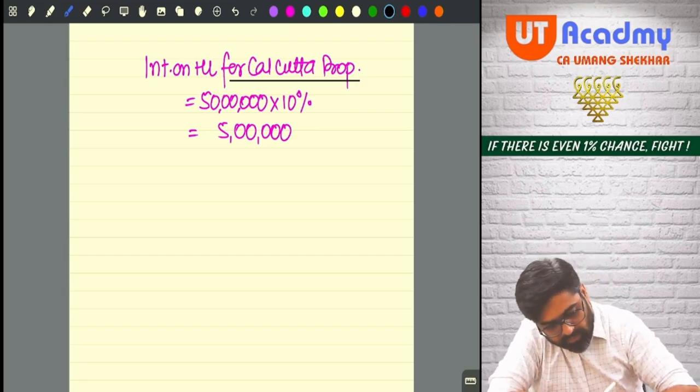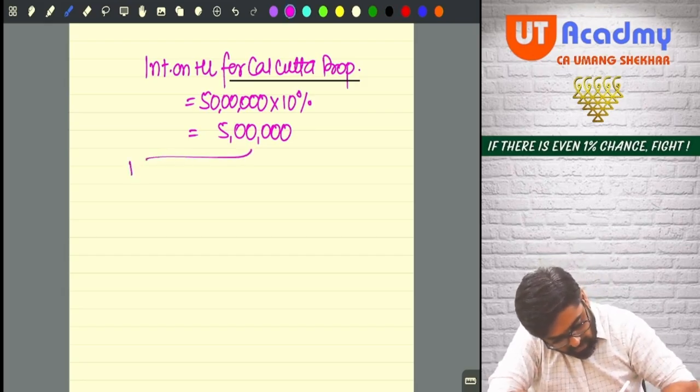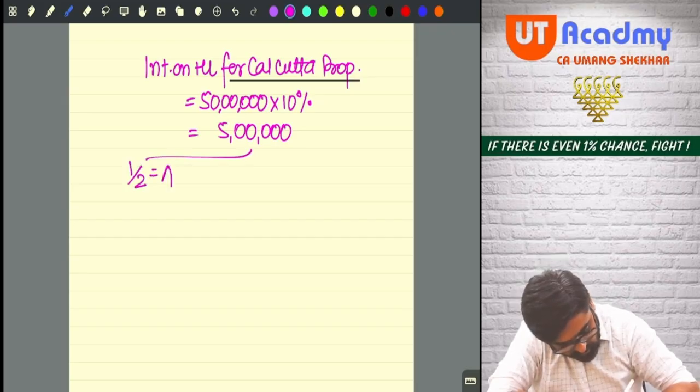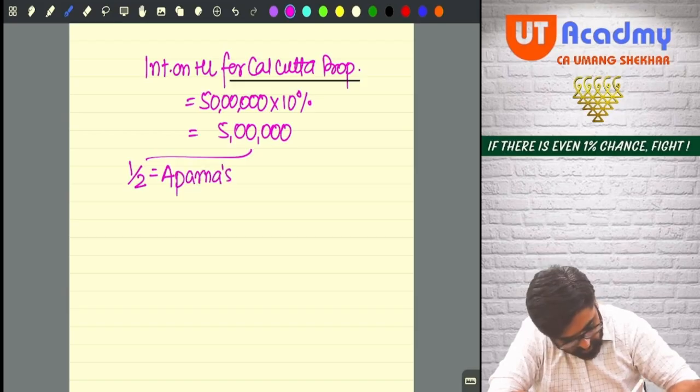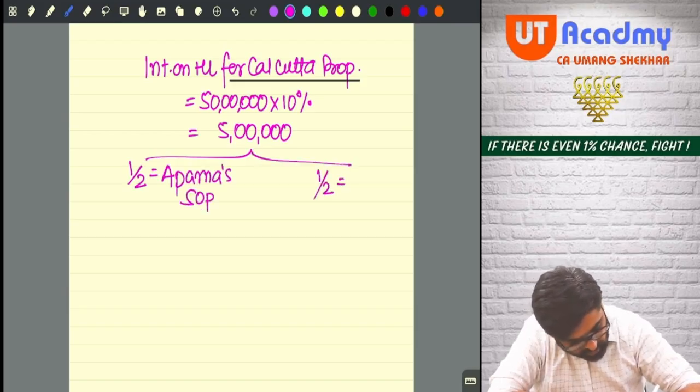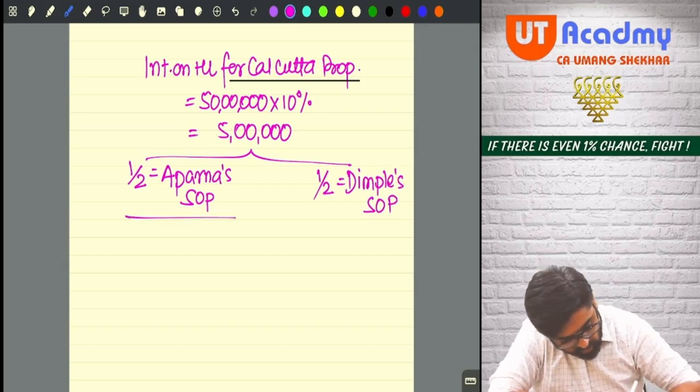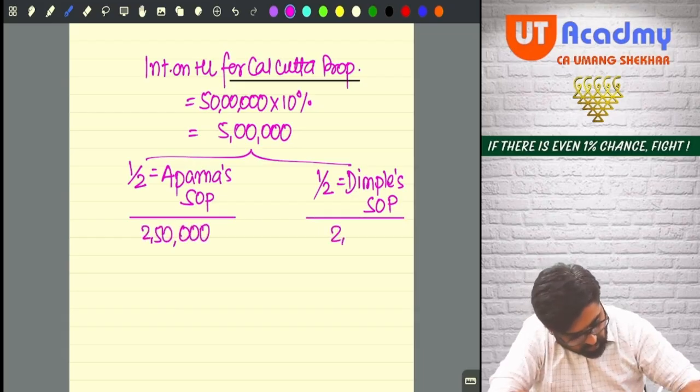So out of this, half belongs to Aparna's SOP, and the other half belongs to Dimple's SOP. So how much? Come on, tell me. This will be 2,50,000 and this will be 2,50,000.